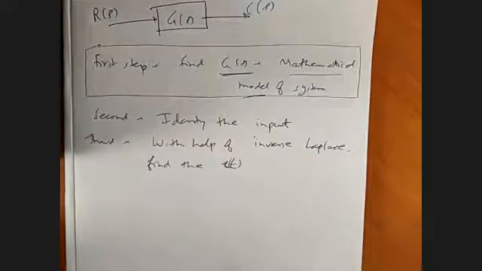We will be getting a transfer function of that system. Or in the lower case, we will be finding the mathematical equations, that is the differential equation of the system. But generally, when we are talking about control systems, we will be using the transfer function only. We will not be using the differential equation of the system.